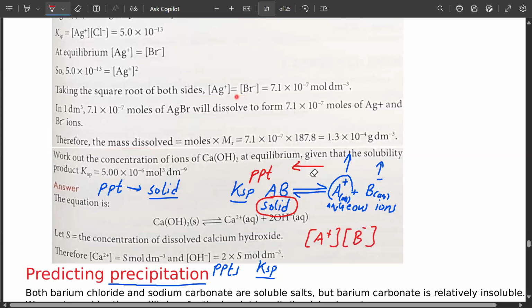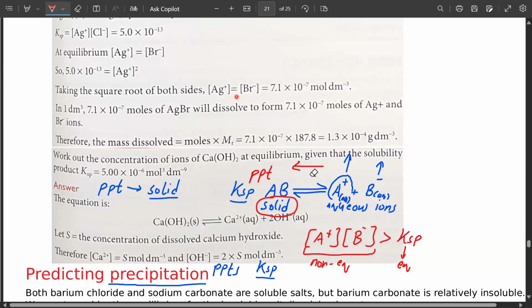So if the product of these two concentrations is greater than the value of the Ksp, Ksp is when we have the equilibrium state, but this is considered to be a non-equilibrium state.